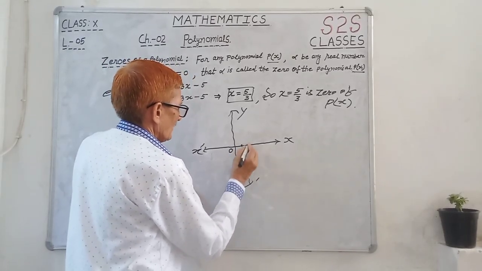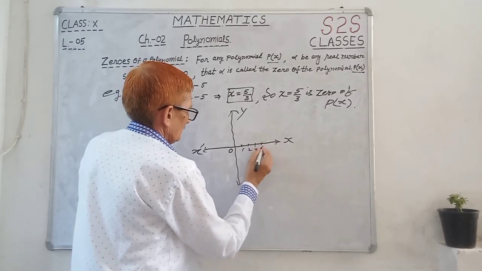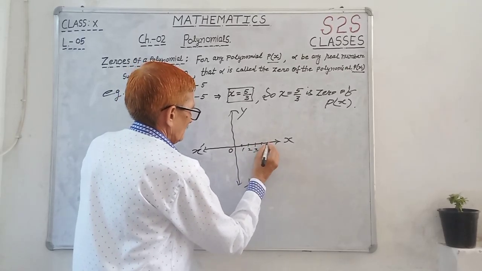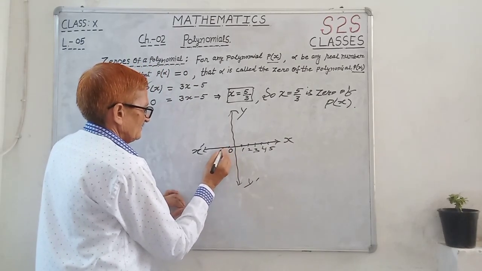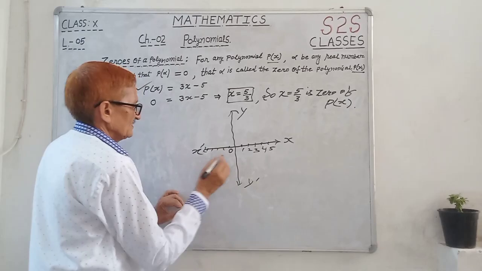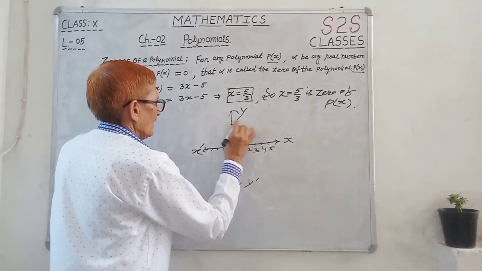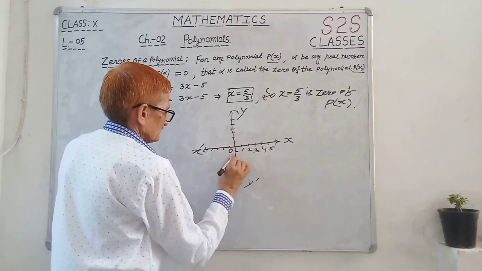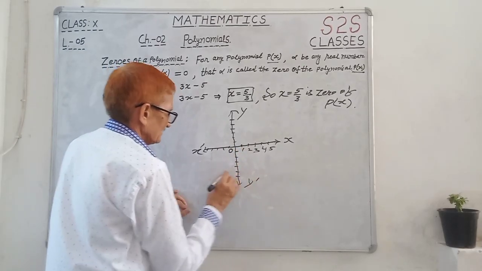Then after that 1, 2, 3, 4, 5, then -1, -2, -3, -4, -5. 1, 2, 3, 4, 5, 6, -1, -2, -3, -4, -5, -6.